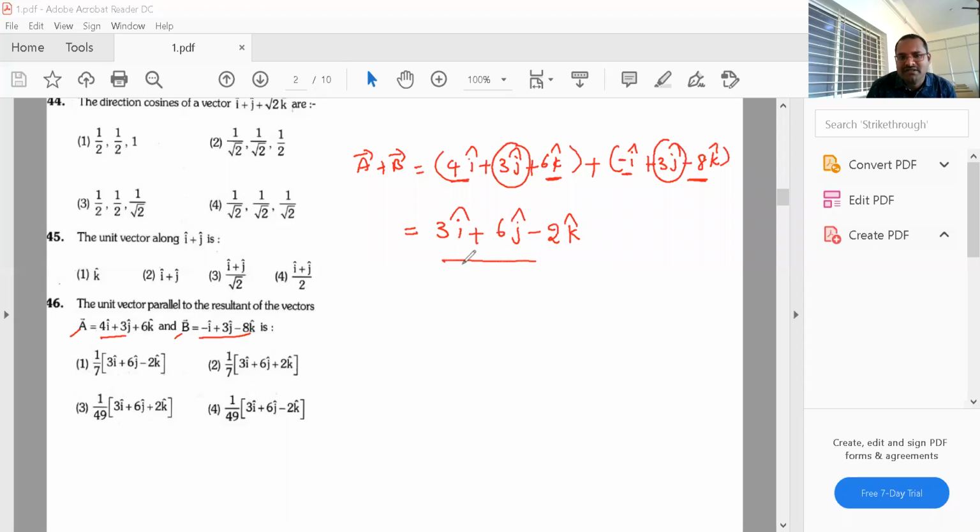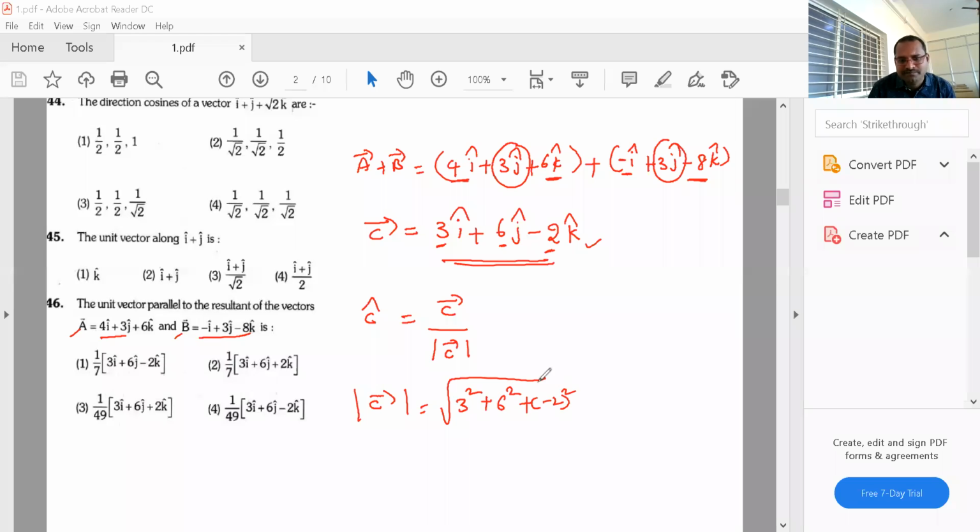This is a vector. Now you need to find its unit vector. For example, this vector is C bar. We want the unit vector of C bar, which means C bar by modulus of C bar. So first find the modulus of C bar. It is root of 3 square plus 6 square plus minus 2 whole square.